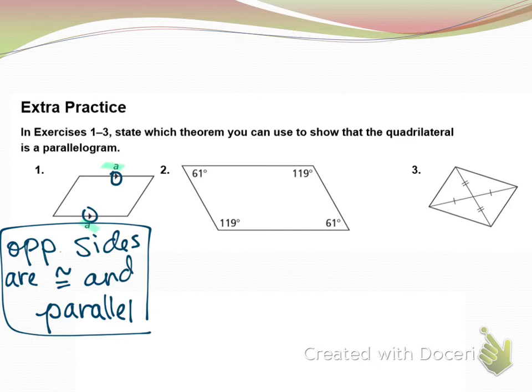Number 2, we're given sides, angles, or diagonals? Diagonals are lines. So we're given angles. What is the only property that proves a quadrilateral is a parallelogram with angles? Opposite angles are congruent.